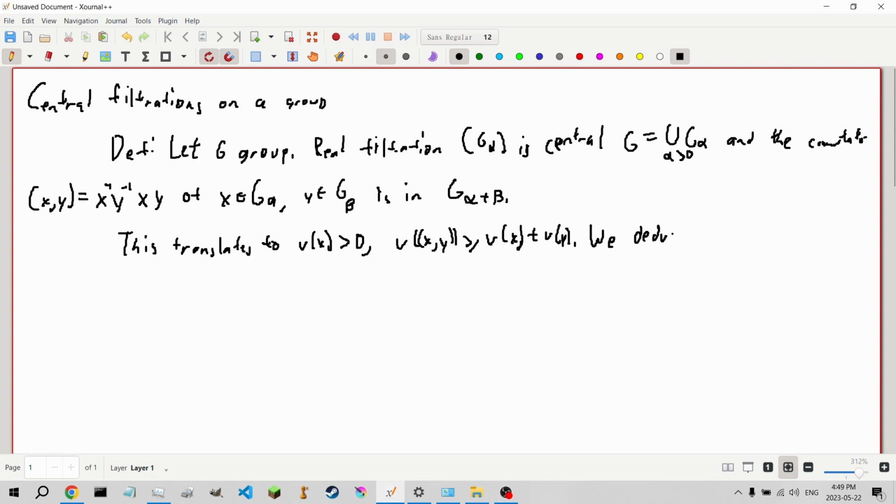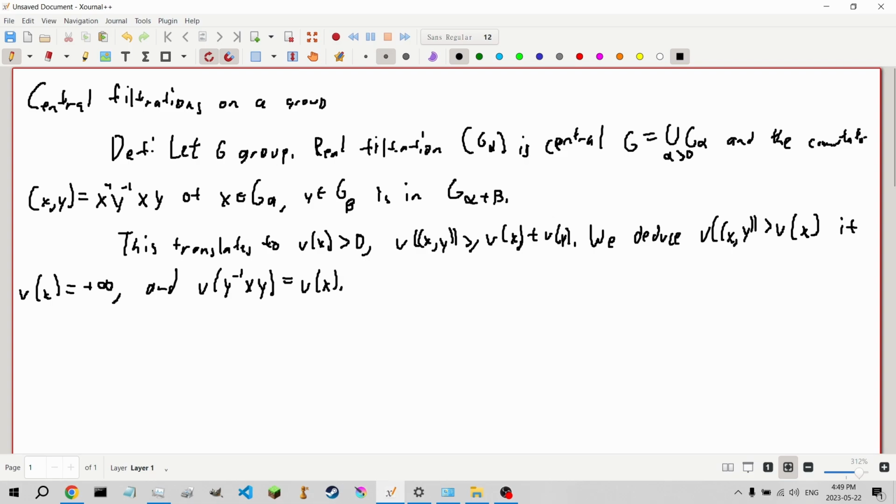We then deduce that the order of a commutator is strictly greater than the order of an element if that element does not have grade of positive infinity. And the grade of the conjugate of x by y is just the grade of x.